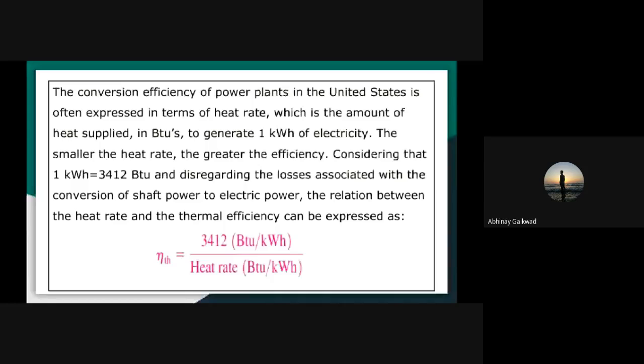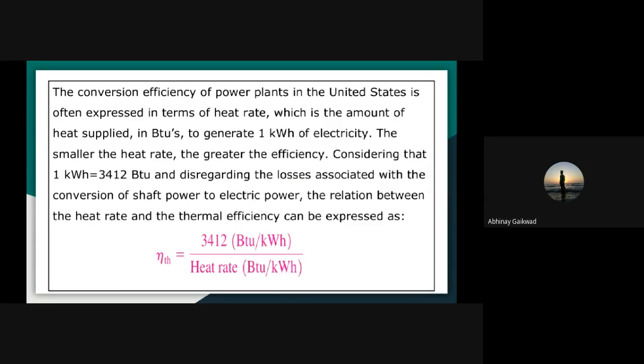They express it in terms of heat rate, in the unit BTU. BTU is what is needed to generate 1 kilowatt hour of electricity. So the smaller the heat rate, the greater the efficiency.